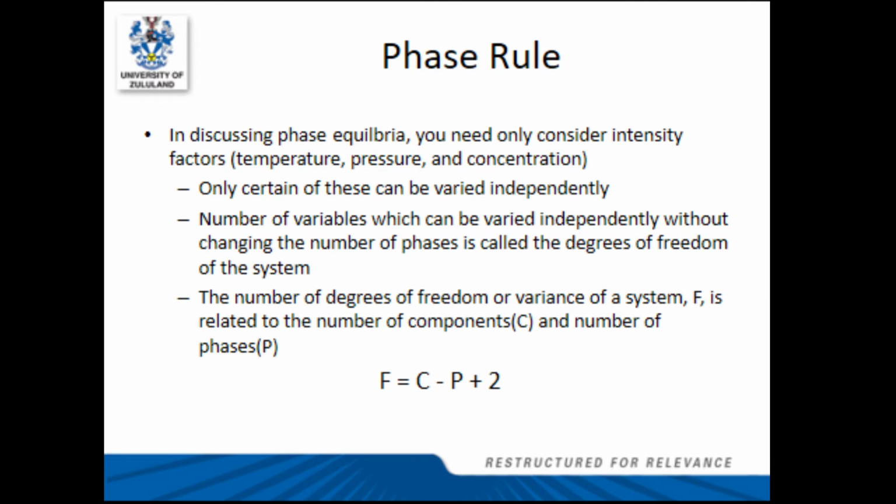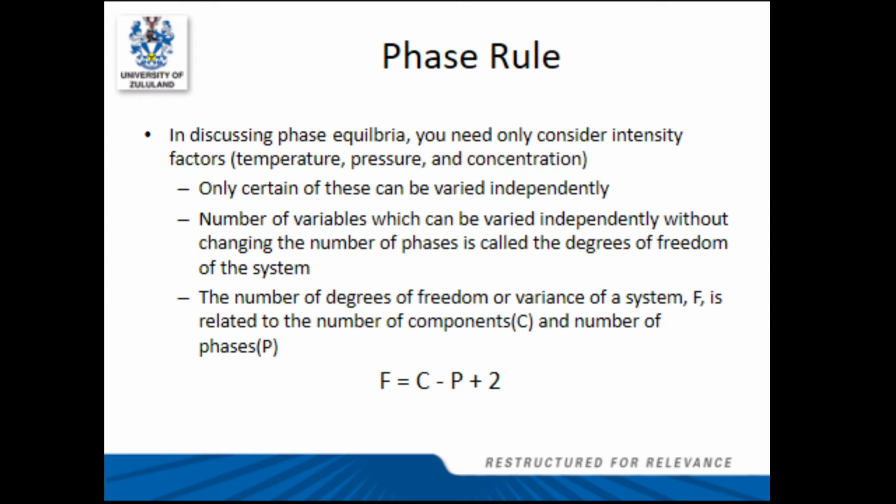By definition, the degree of freedom of the system is the number of variables which can be varied independently without changing the number of phases. The phase rule is given as F = C - P + 2.